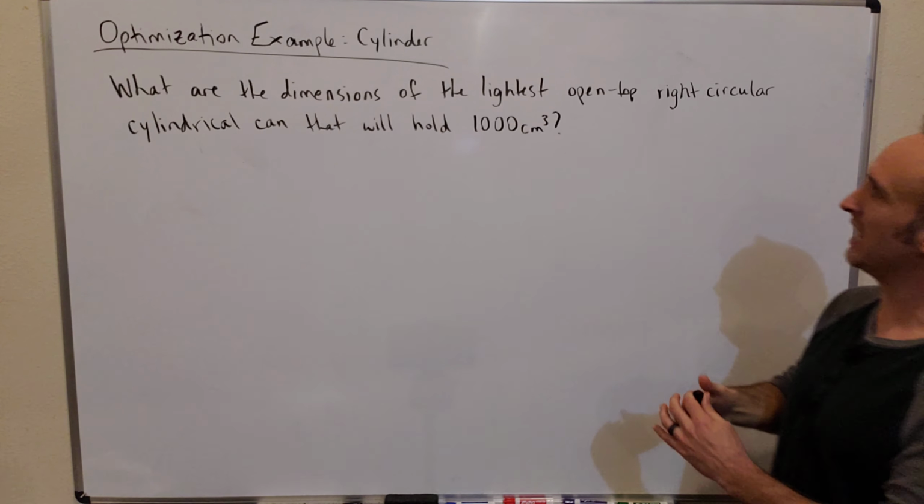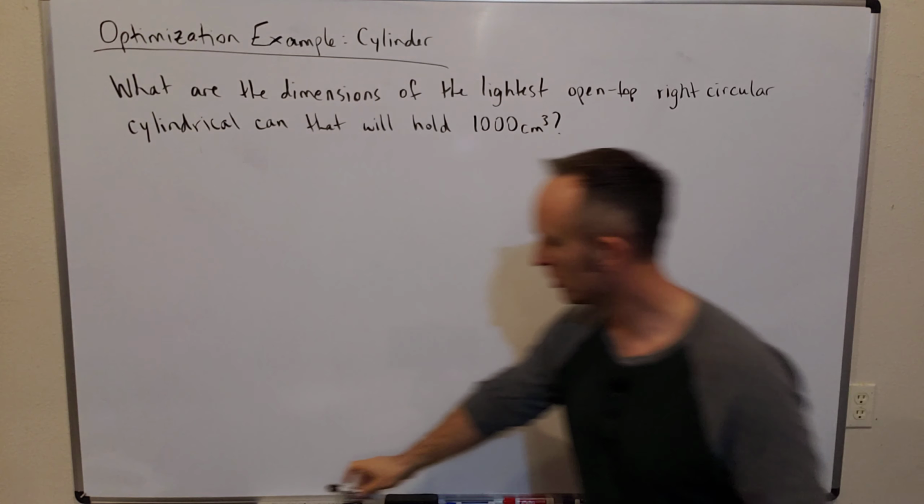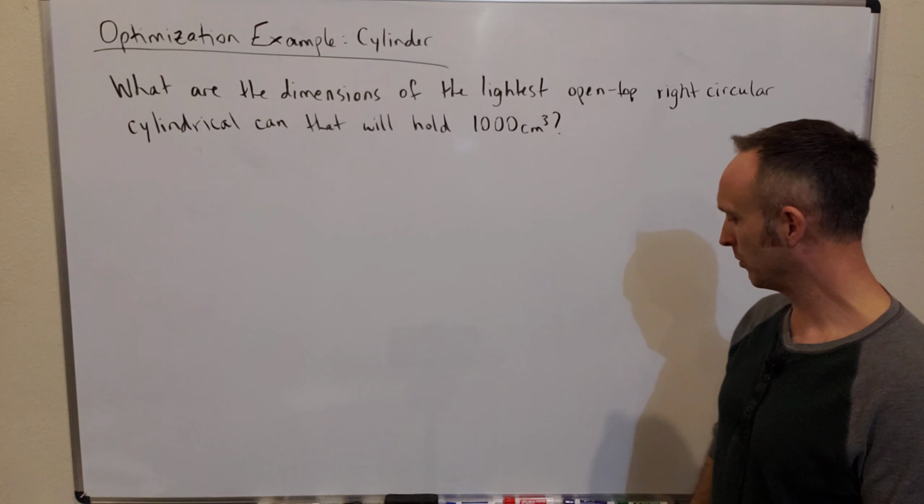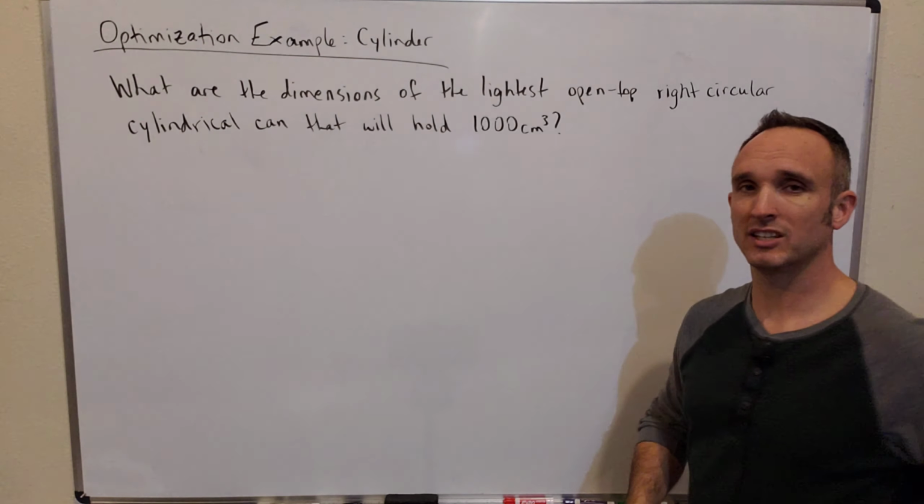What are the dimensions of the lightest open top right circular cylindrical can that will hold 1,000 cubic centimeters?